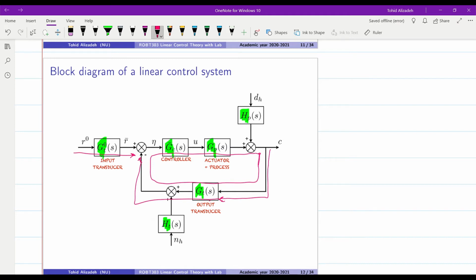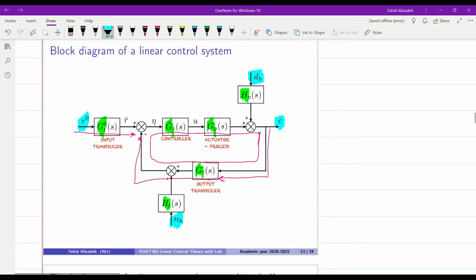Over here we have one main output signal, which is C, and one main input signal, which is R0, or the reference signal. However, we also have two other inputs, DH and NH. DH is the disturbance and NH is the noise.